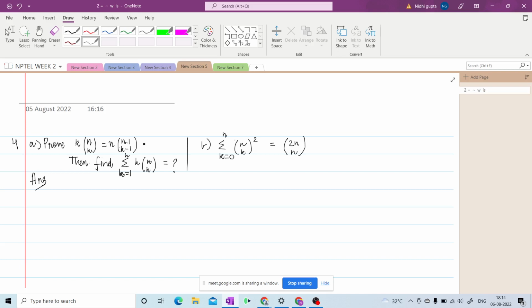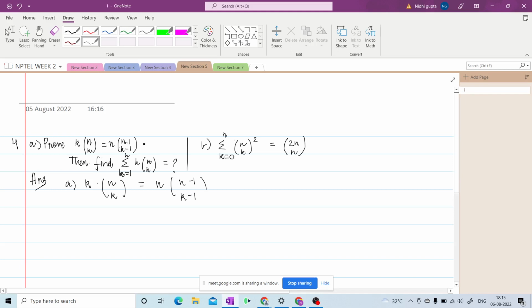We'll be finding some real combinatorial problems to prove this equality. Does anybody have any suggestion how we can prove the first equality? We have to do it purely using the combinatorial method.